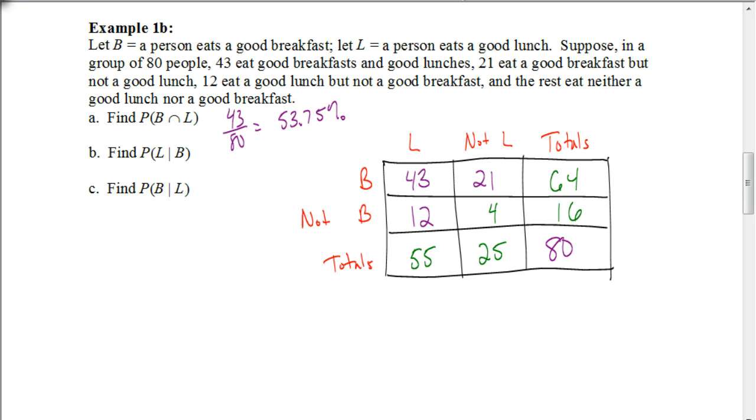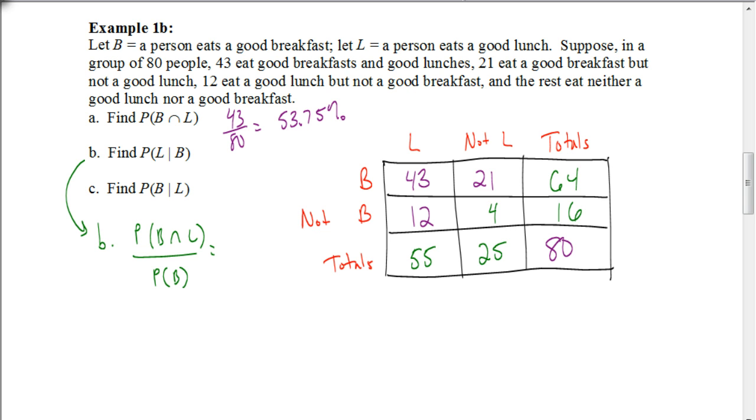If I want to find the probability of L given B, well, in the numerator, we're going to have the probability of the intersection of B and L happening, divided by the probability of our given amount.